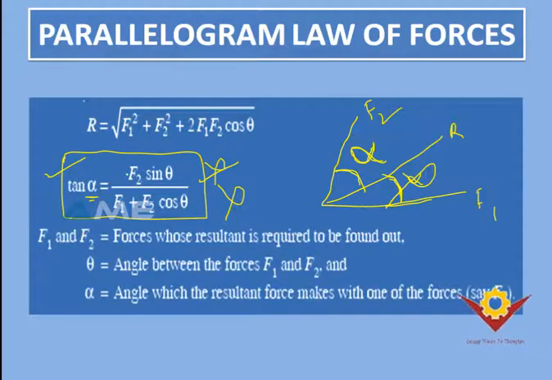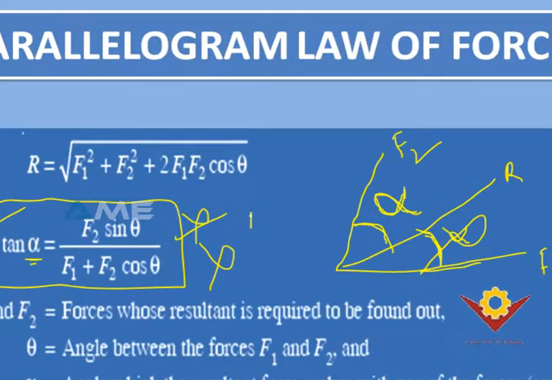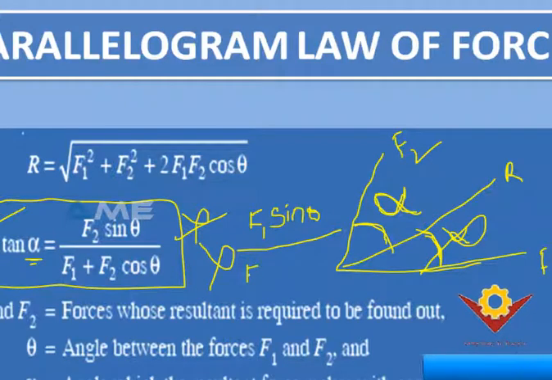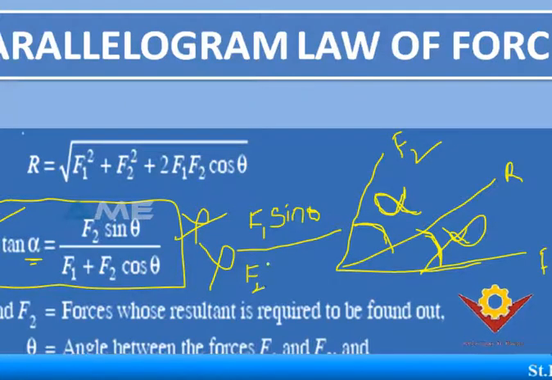Then your formula will be tan alpha equals F1 sin theta divided by F2 plus F1 cos theta.